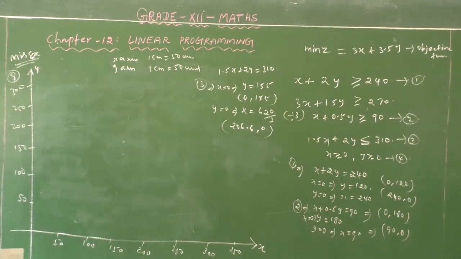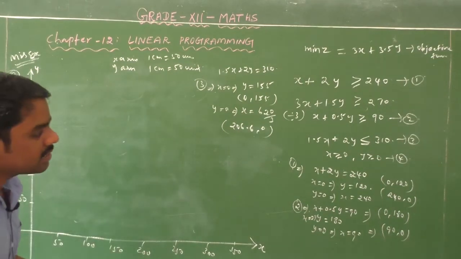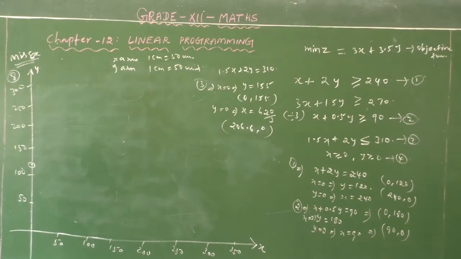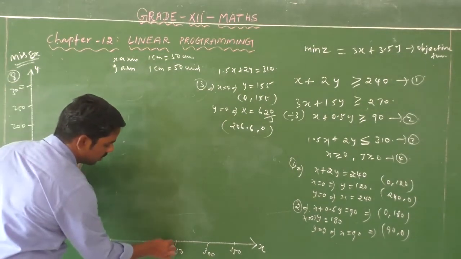First point (0, 120). 120 is in between 100 and 150, so this point is (0, 120). Next (240, 0), so this point is 240.